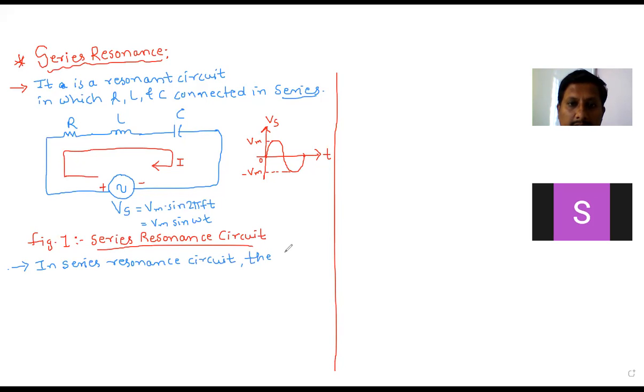The current I, only one current is flowing because it is a series circuit.